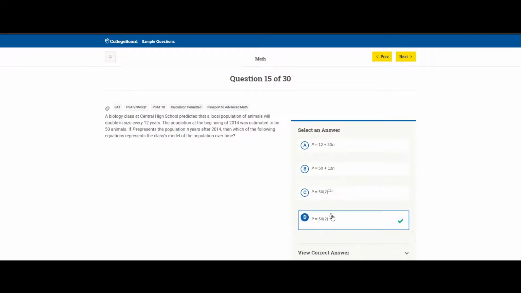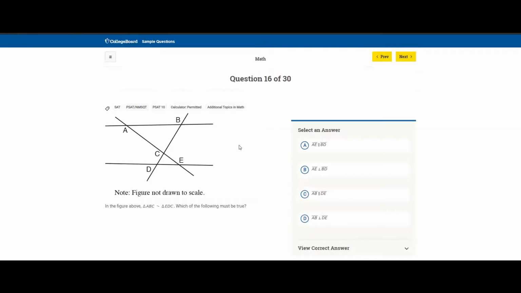So you got to do this one. This one is the correct answer because you only have one double every 12 years. So when n is 12, that means 12 over 12 times 2. So it's 2 to the first, which is 2. And then 50 times 2 is 100. So that's why that's the correct answer.